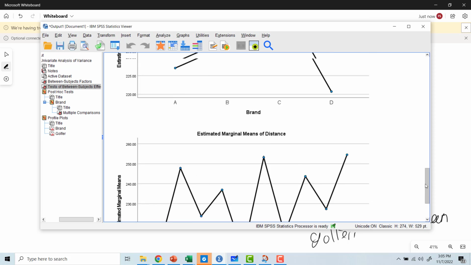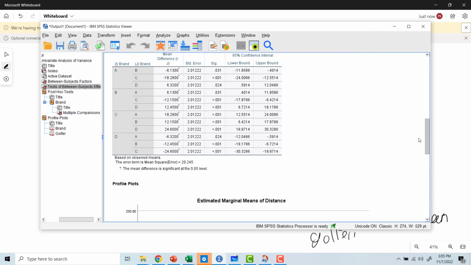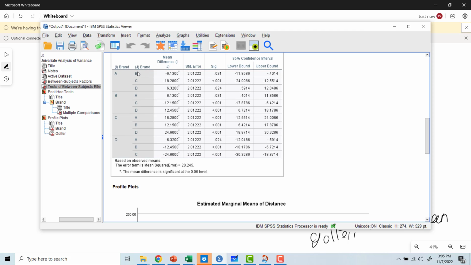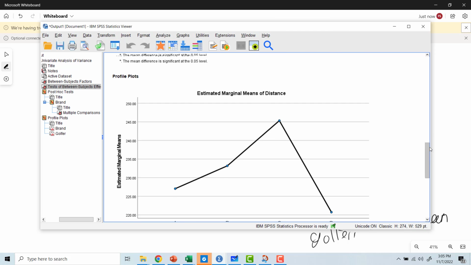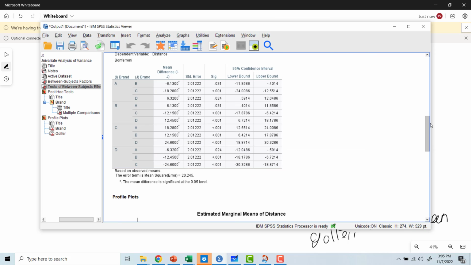It's just general heterogeneity. And we can basically see at alpha equals 0.05, all these differences are significant. So we can see here that D is the lowest, and A is the highest.